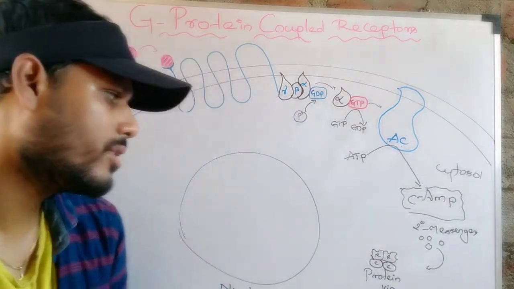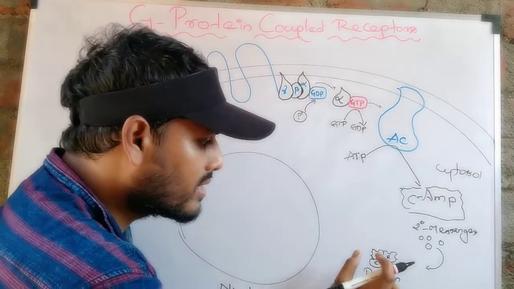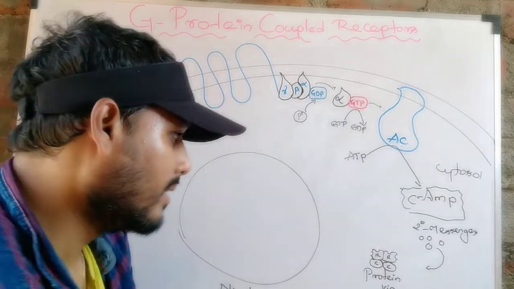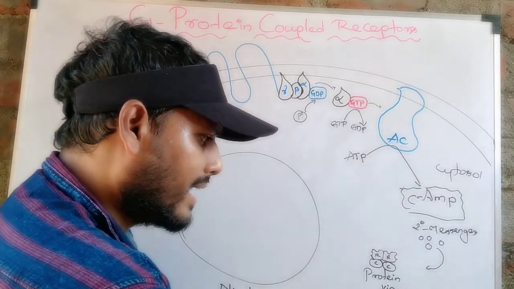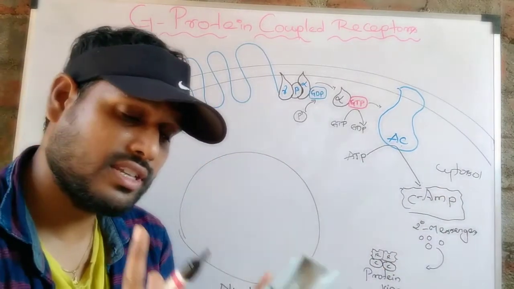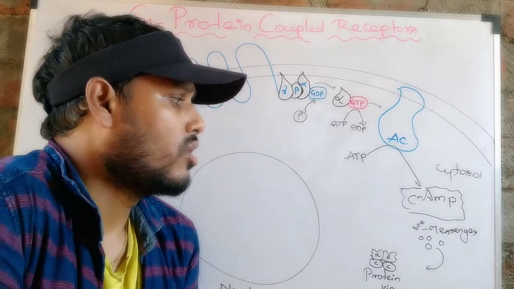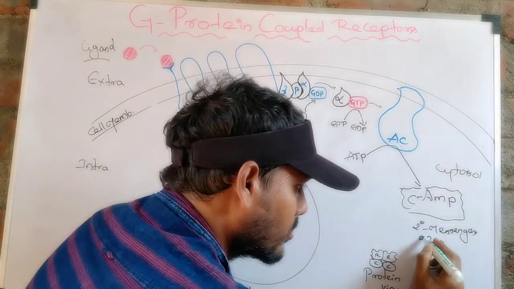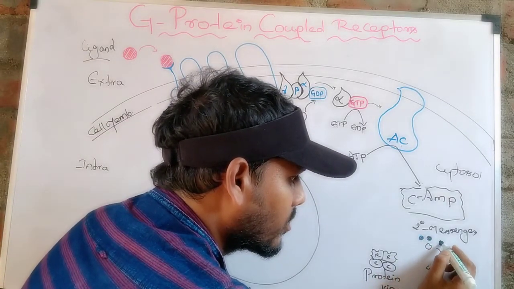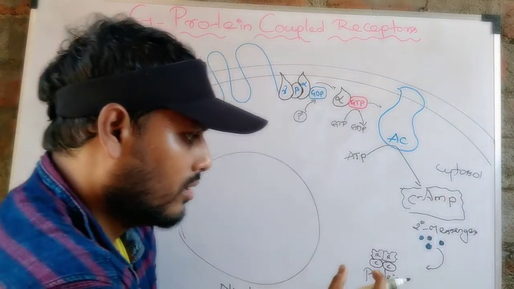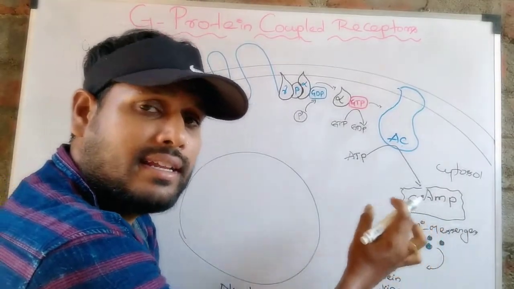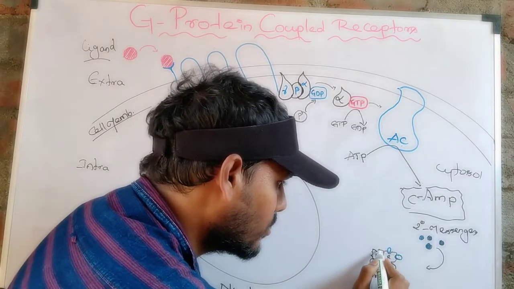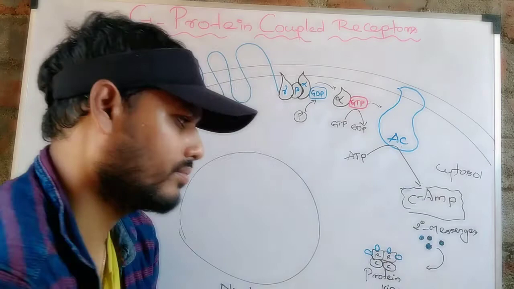Protein kinase is made up of two regulatory proteins and two catalytic proteins. For activation of this protein kinase, we need 4 cyclic AMP secondary messengers. So assume this is the secondary messenger we have formed. The secondary messenger's binding site is present here, exactly here. 1, 2, 3, and 4.